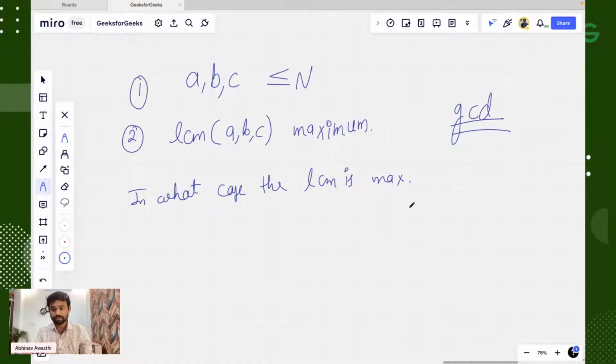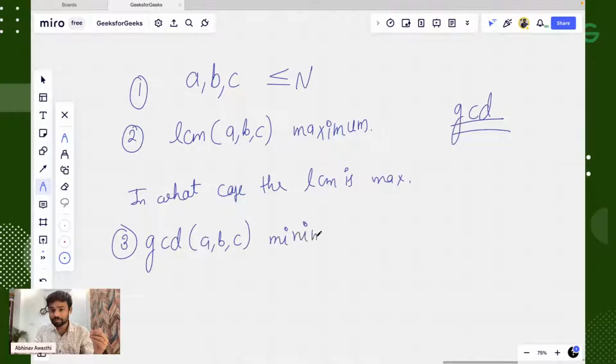So let's twist the problem in another way. Instead of asking for the maximum LCM, let's find the minimum GCD. And the minimum GCD of three numbers can be 1.